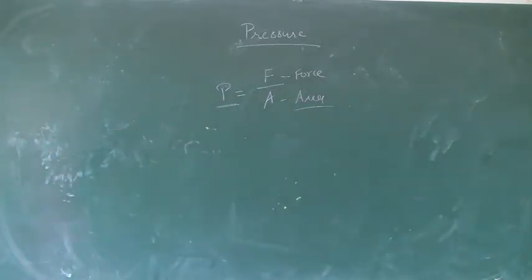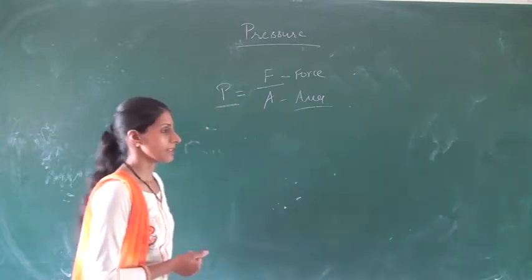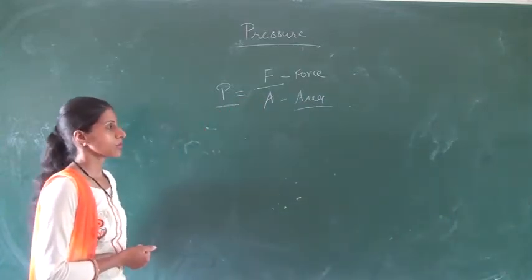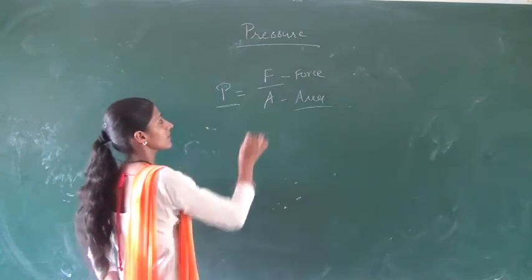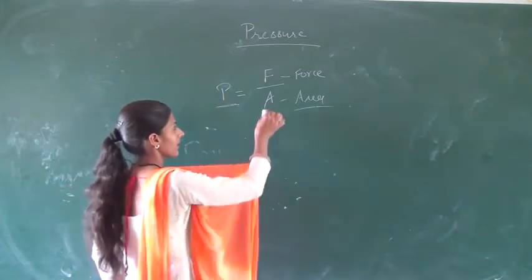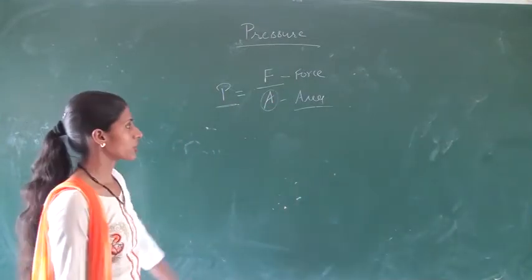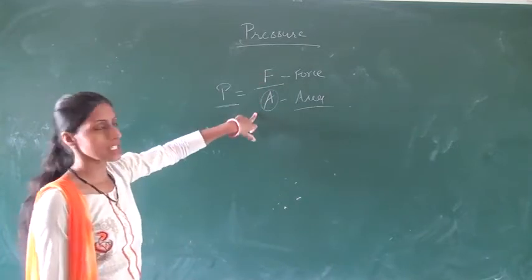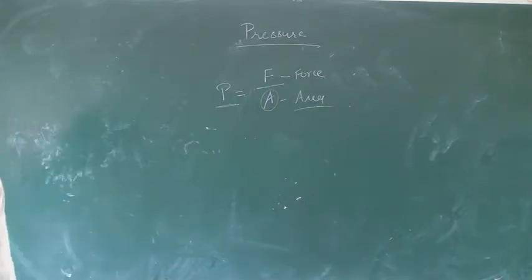Okay? A body always exerts a force, and the force which is applied on the body covers a particular area, and the ratio of this force with respect to area is known as the pressure.